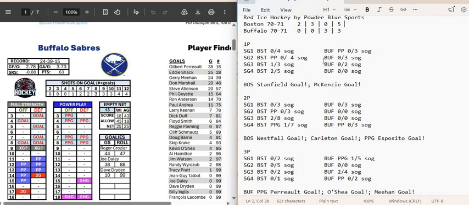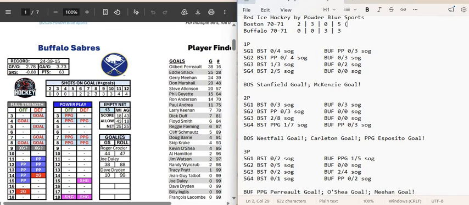Let's do shots on goal total. Boston, it's here 8, 9, 10, 11, 16, 19, 20, 21, 22, 29, 36, 41, 45, 46 shots on goal.